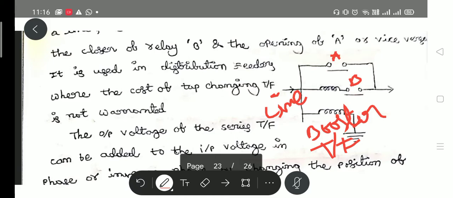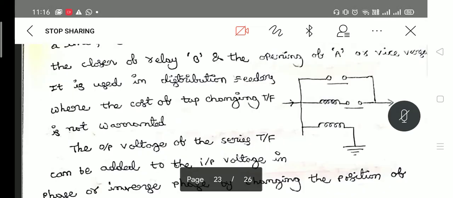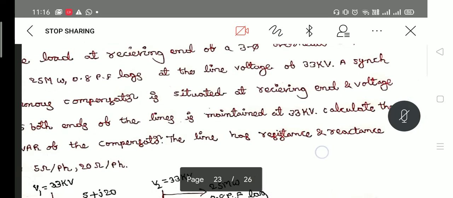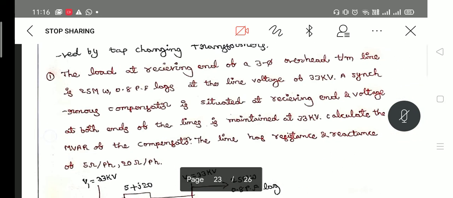By using this boost transformer, we can control the voltage in the plus or minus 16% range. Is it clear? These are the 8 methods of voltage control.